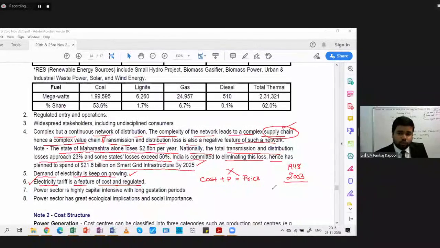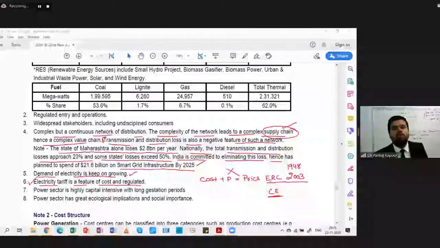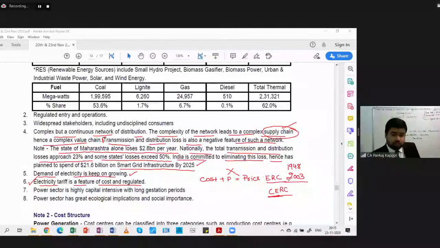But the guidelines given to the Electricity Regulatory Commission or the Central Electricity Regulatory Commission are such that the commission still decides the price of electricity charged to the consumer based upon the cost incurred by the generation company, transmission company and distribution company.